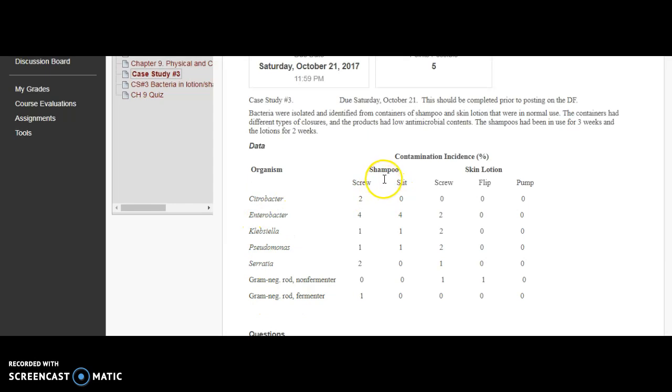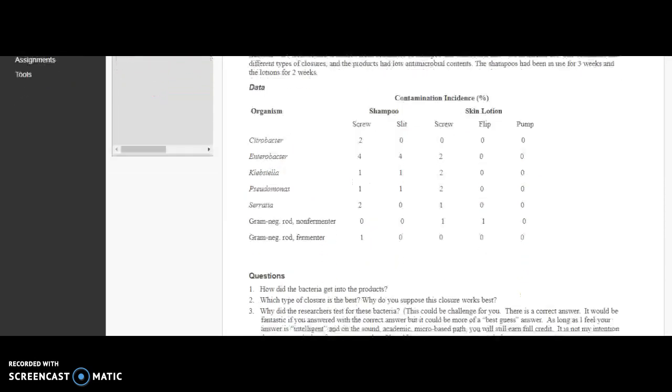So, within 2 of the shampoo bottles that had a screw top, there was Citrobacter. All right, and shampoo, Enterobacter 4 and 4, but with the skin lotion, there was 2 with the screw top, none with the flip top, none with the pump. And this study looked at 7 different organisms.